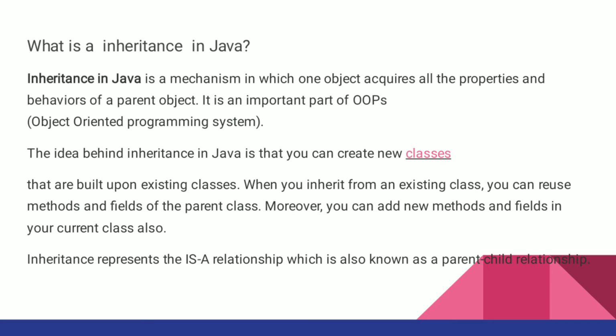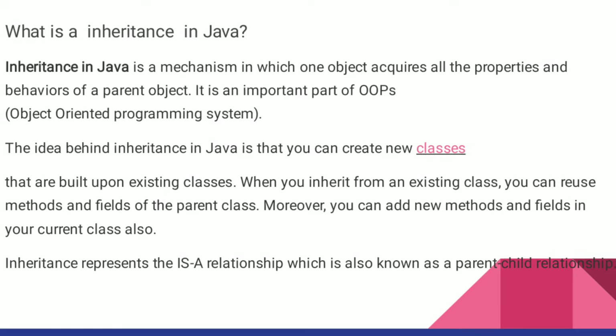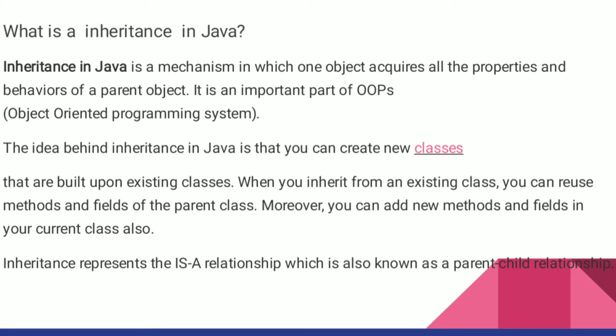Next is what is inheritance? Inheritance in Java is a mechanism in which one object acquires all the properties and behaviors of a parent object. It is an important part of OOPS. When one object acquires all the properties and behavior of a parent class, it is known as inheritance.